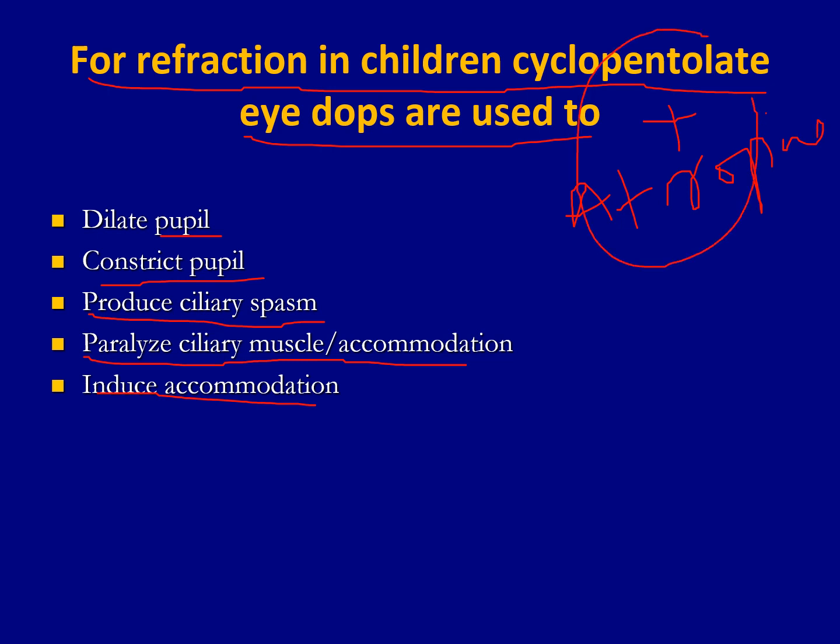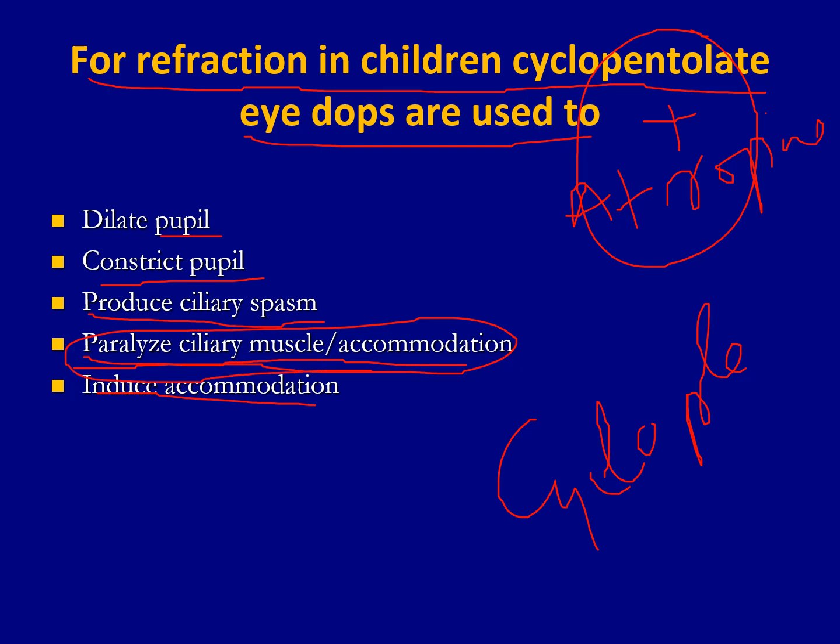Both these drops are called cycloplegics, which means they paralyze the ciliary muscle or the accommodation, and the child can no longer accommodate because of these cycloplegic eye drops, and we get the correct refraction.